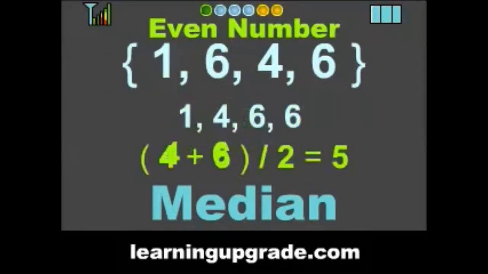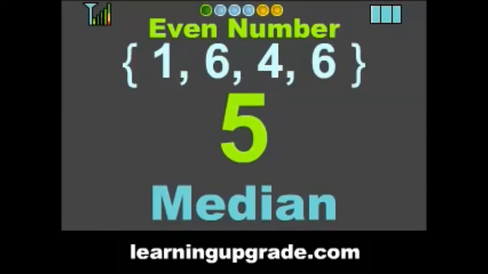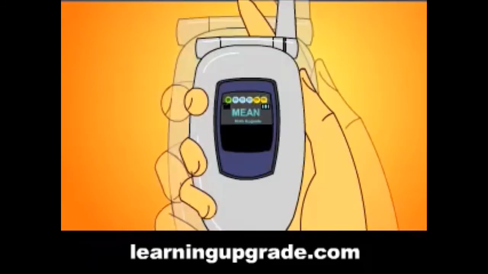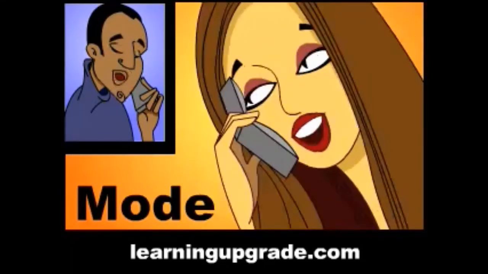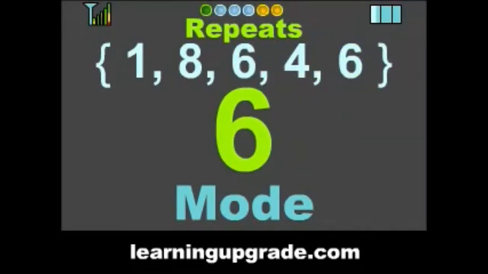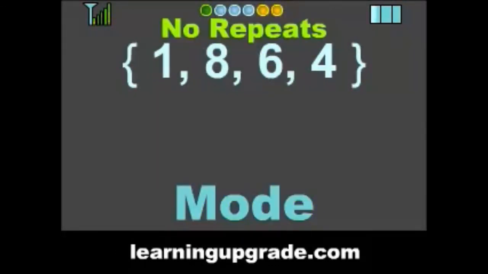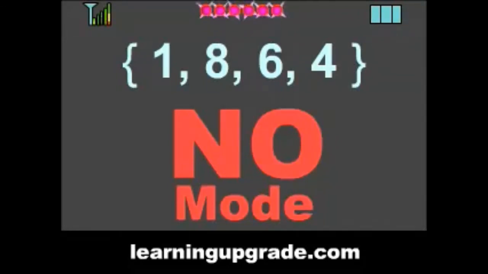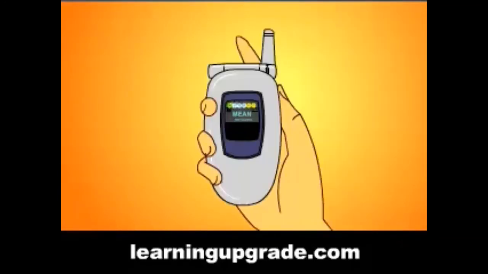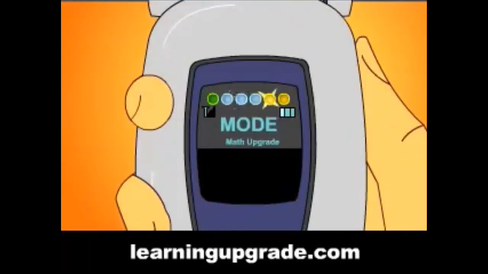The average of 2 middle numbers is the median for an even number of items. Mean, median, and mode. How do you find the mode? Just find the number that repeats most often, and that number is the mode. If you find no number that repeats most often, then there is no mode. Mean, median, and mode.